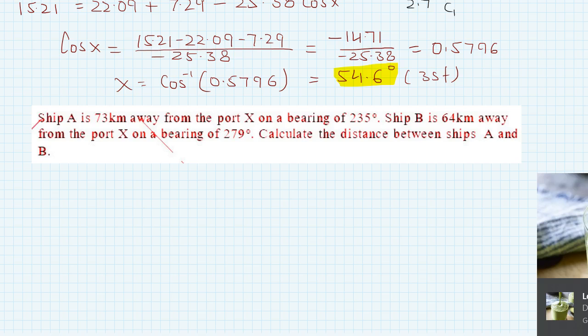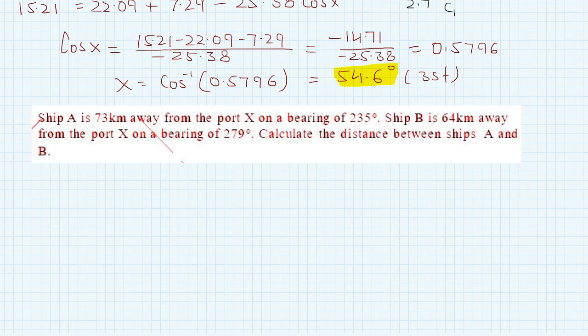Now the other question is: a ship is 73 km away from port X. Suppose this is port X and the ship is 73 km away on a bearing of 235 degrees.